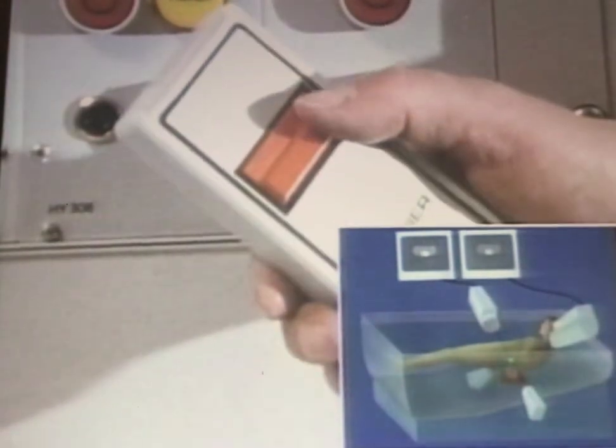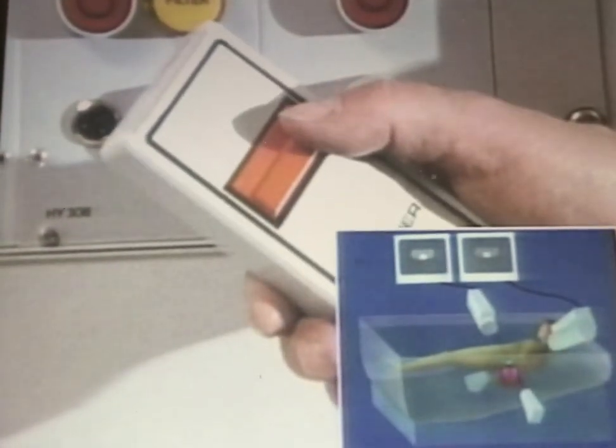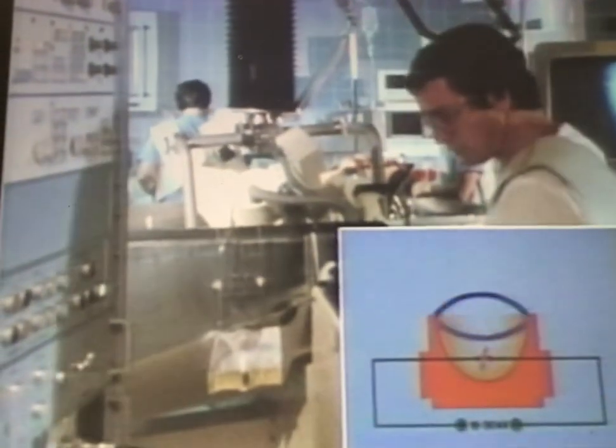As soon as the stone appears in the crosshairs of the X-ray monitors, the doctor can begin applying the shock waves. Generated in the ellipsoid underwater, the shock wave triggered by the electrode passes through the water in the bath into the patient's body, reaches the kidney stone, and disintegrates it to a fine-grained debris. The destruction of the stone structure is caused by the high-pressure amplitude in the second focus of the ellipsoid.